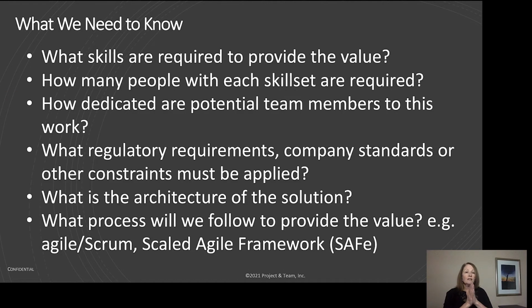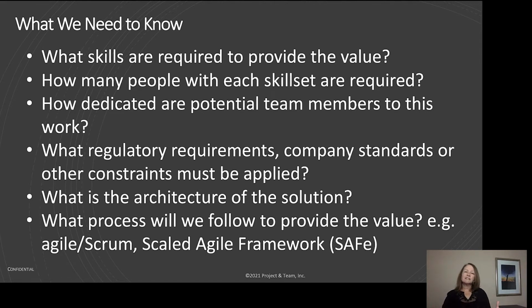So this is a summary of the things that I mentioned already: what skills we need, how many people, what percentage they are dedicated to the work, and what other non-functional requirements, including the ones I've listed here, might be necessary for the teams. We looked at the architecture.